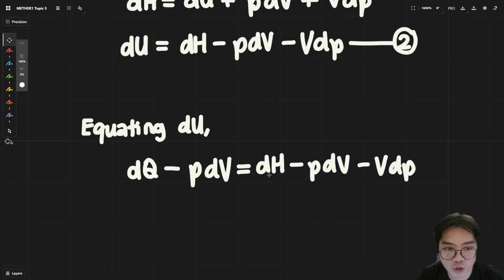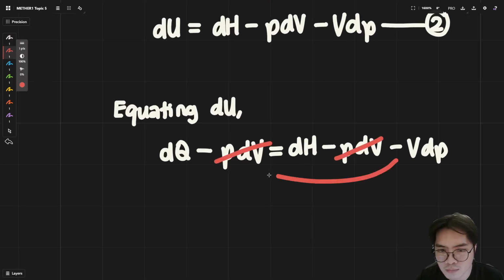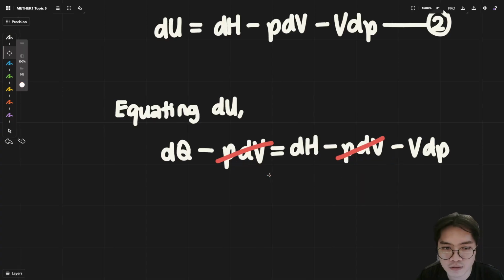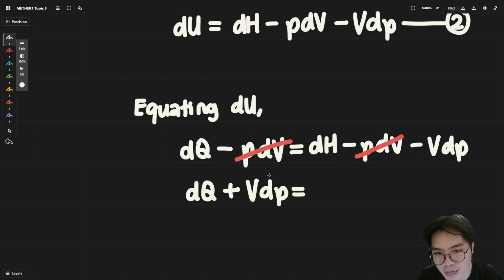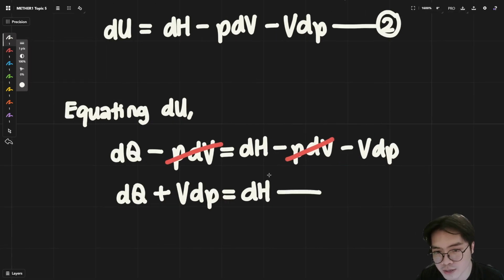Notice that you have negative PdV on both sides, so you can just cancel. And we can move this negative VdP to the other side. You will have dq plus VdP is equal to dH. Let's call this our equation 3.